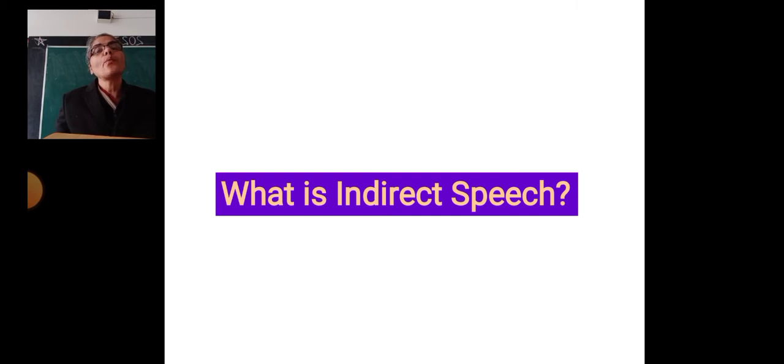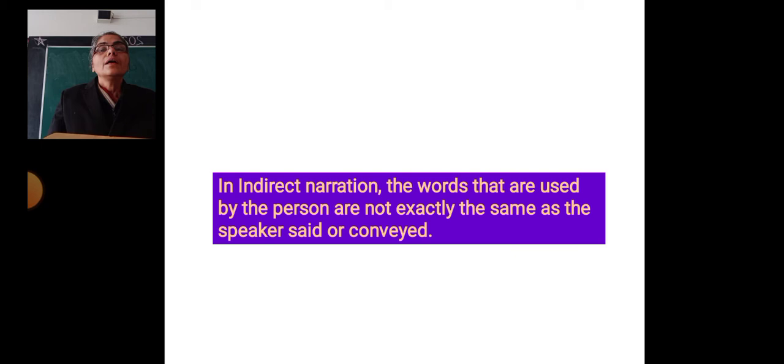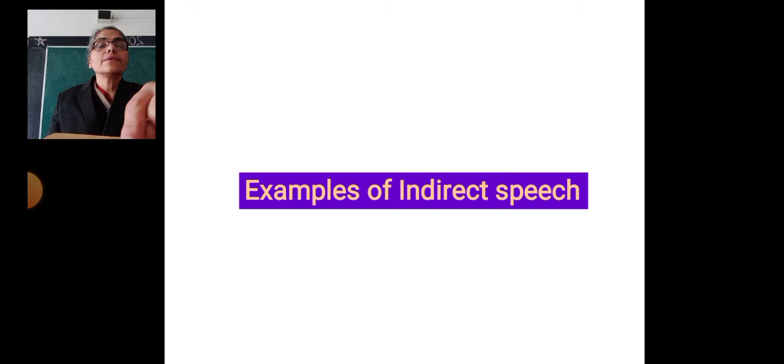Now let's know what is indirect speech. The definition says in indirect narration, the words that are used by the person are not exactly the same as the speaker said or conveyed. Let's have some examples of indirect speech.